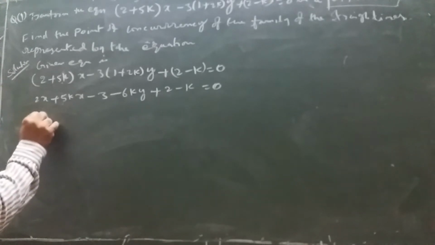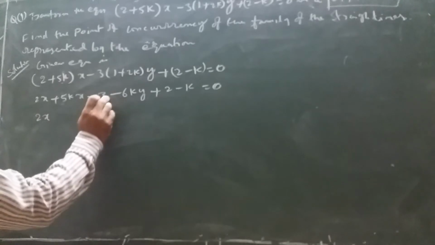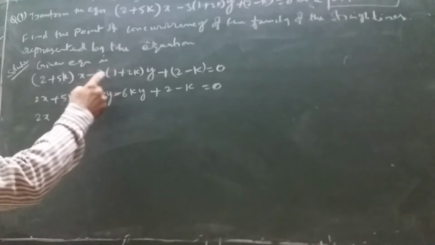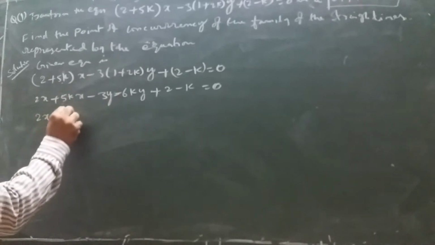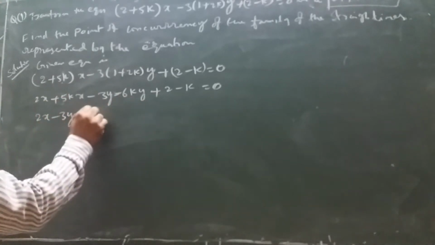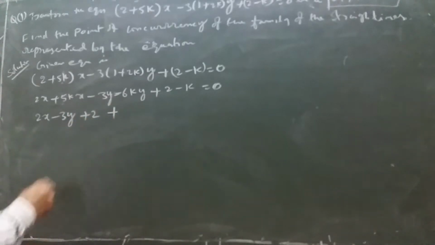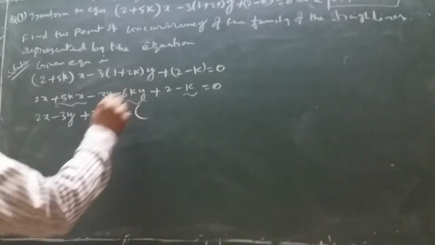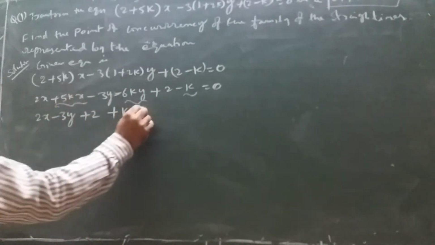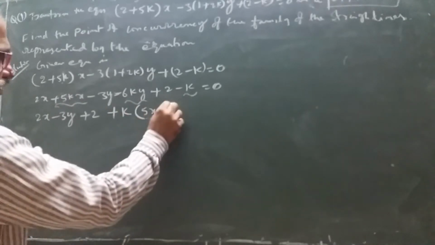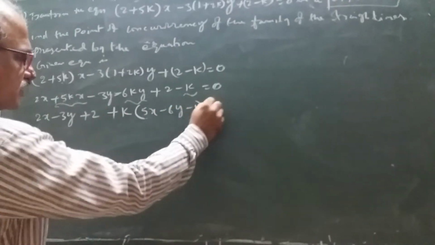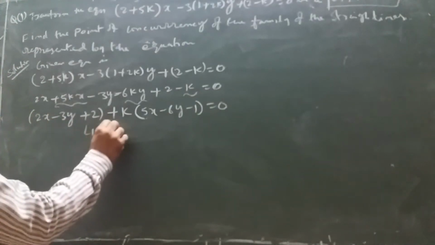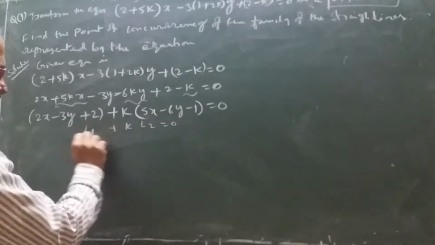That implies 2x minus 3y plus 2, this is L1, plus, taking k as common in the remaining terms, k times (5x minus 6y minus 1) is equal to 0. This is in the form of L1 plus k L2 is equal to 0.